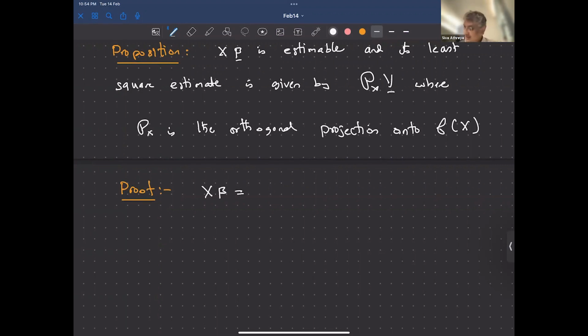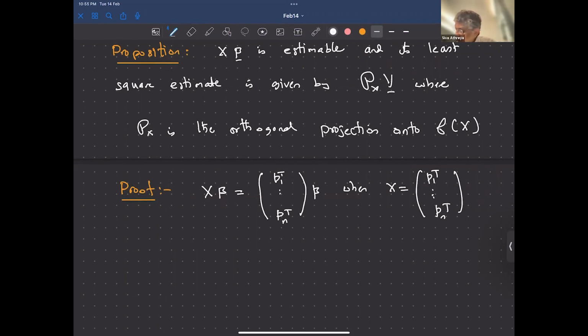So what is that? Let's write it in a slightly fancier fashion. Each row of X, I'll call P1 transpose, P2 transpose, all the way till the last one, Pn transpose, times beta. So X looks like this, P1 transpose all the way to Pn transpose.